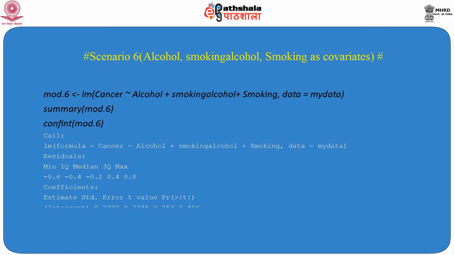In earlier cases we found the intercept was significant. In alcohol cases, somehow the influence of alcohol is obtained here. This is influencing more in this combination of the modeling. Again, smoking with alcohol shows a negative influence on the cancer. So smoking with alcohol can be preventive for cancer.